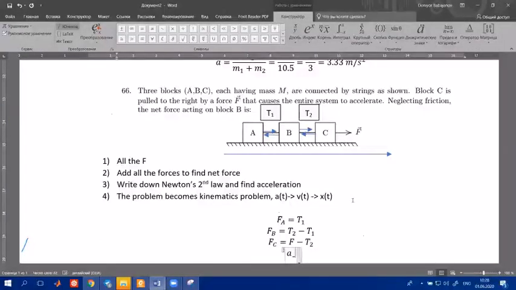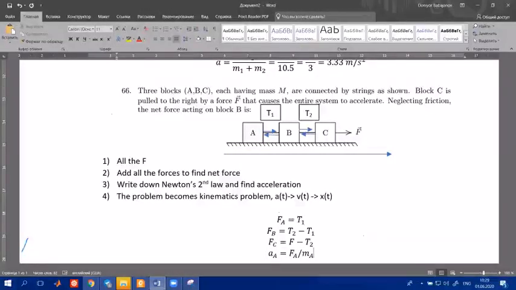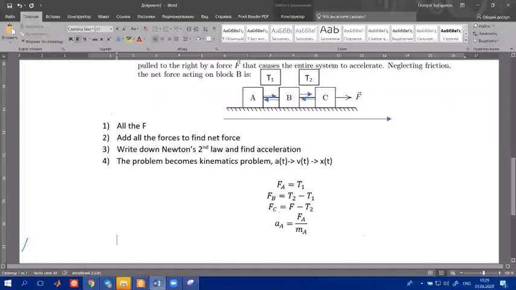So acceleration of body A, according to Newton's second law, is Fa divided by mass of the body A. This is Newton's second law. The same thing can be written for the bodies B and C.